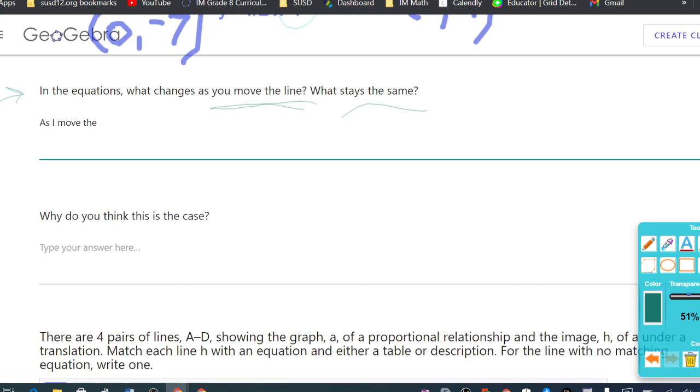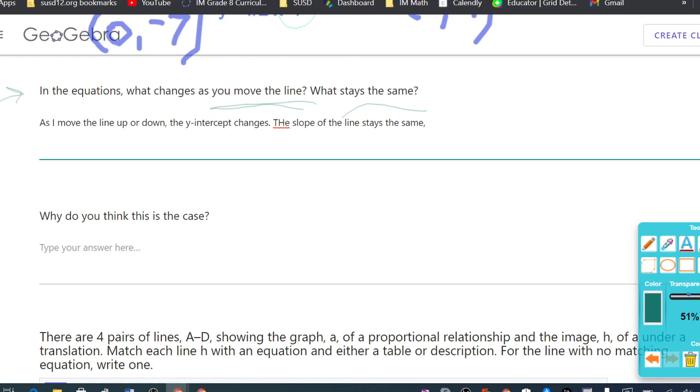As I move the line up or down, the y-intercept changes. The slope of the line stays the same. There you go.